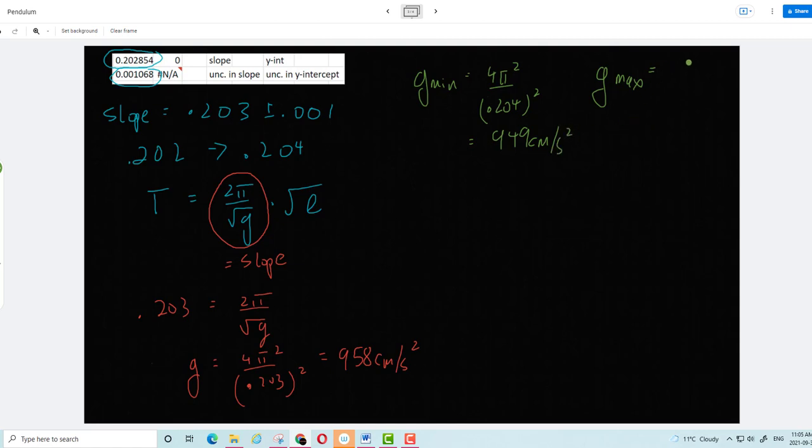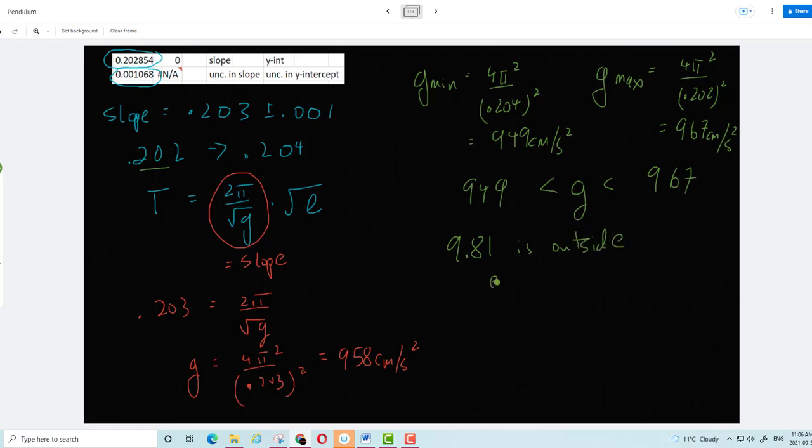Do the same thing for the maximum, 4 pi squared divided by 0.202 squared, and you should get 967 centimeters per second squared. So our experimental g value lies between 949 and 967. And 9.81, the accepted value, is outside experimental uncertainty.